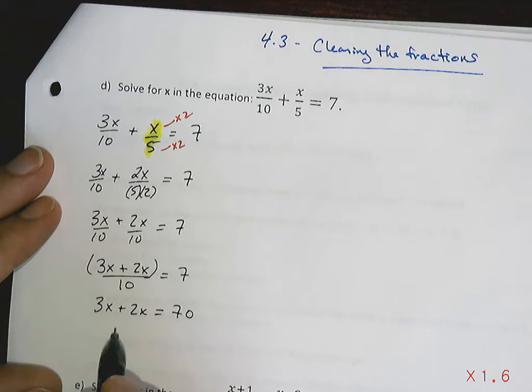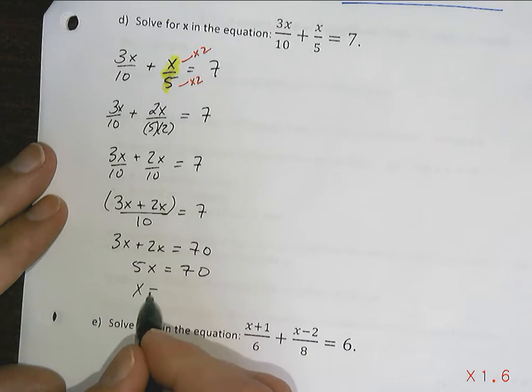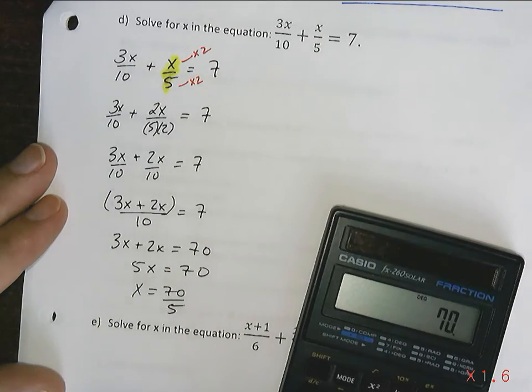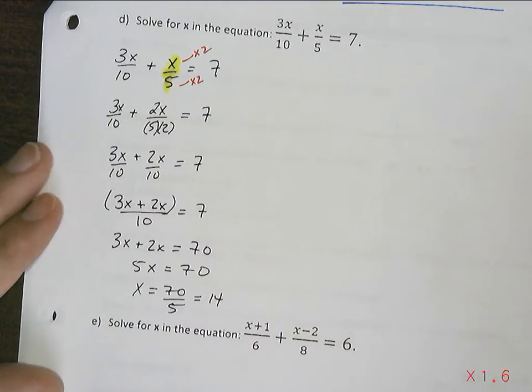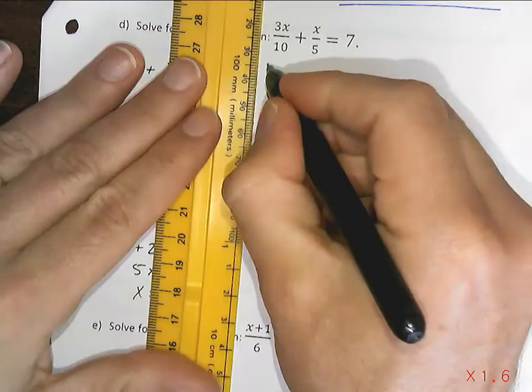My 3x plus 2x is 5x. And I want to get x by itself, so I divide both sides by 5. And I get 70 divided by 5, and I use a calculator to help me. And I get an answer of 14. And that's using grade 6, 7, and 8 fractions.